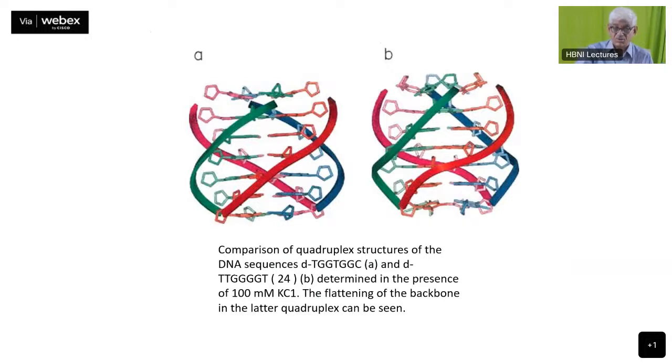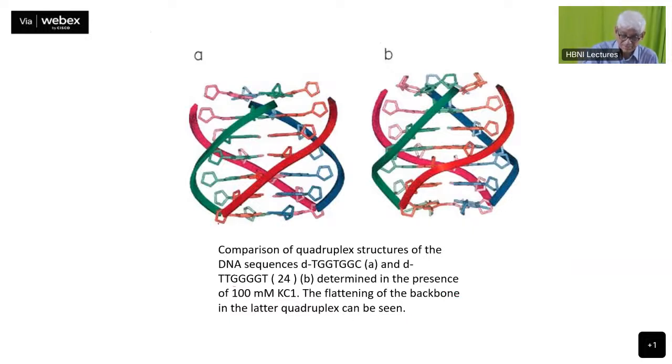This is just a comparison of two different DNA sequences, both are quadruplexes. In one case, you have a G4 stretch. In this case, you have TGGTGGC, and here is TTGGGT, determined in the presence of 100 millimolar KCl. The flattening of the backbone in the latter quadruplex can be seen.